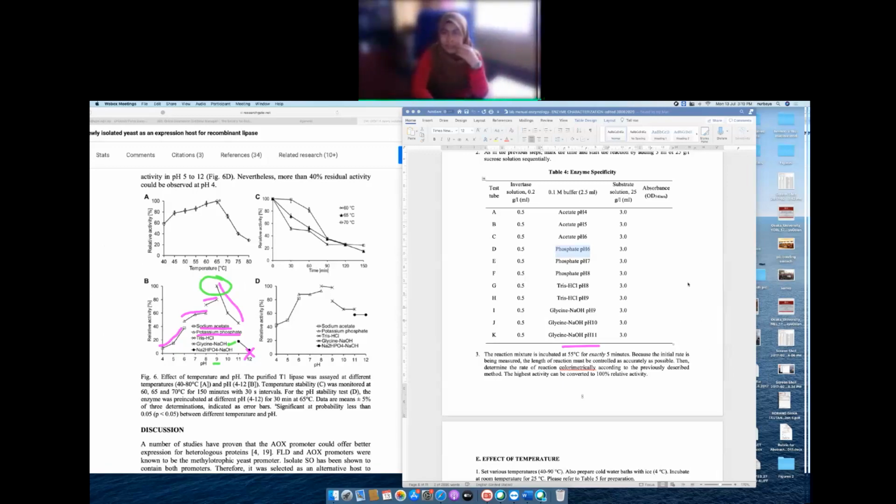Okay, never mind. So basically, we have got the enzyme just now. For the assay, 0.5 ml enzyme which you have incubated with this, plus the phosphate buffer pH 7, 2.5 ml, and then plus the substrate, 3 ml.